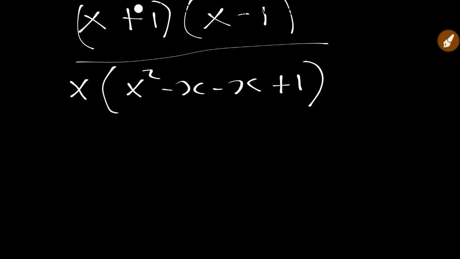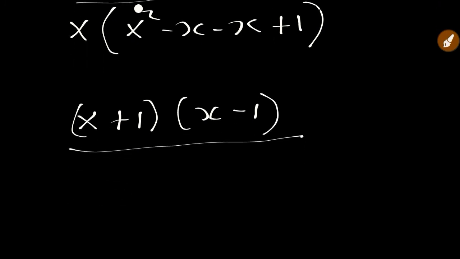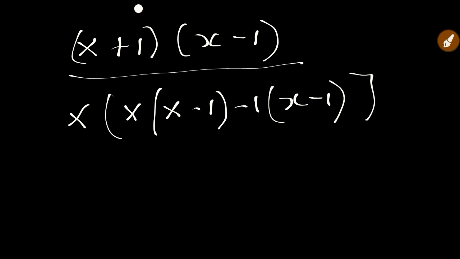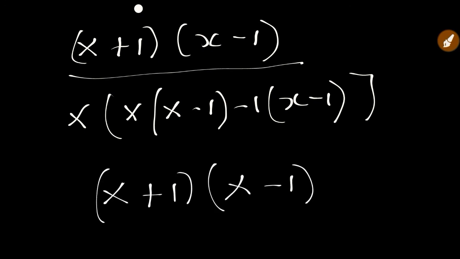Therefore (x + 1) into (x - 1) all over x into (x - 1), bracket close, minus 1 into (x - 1), because plus times minus is minus, bracket close. Next step, say (x + 1)(x - 1), that is the numerator.